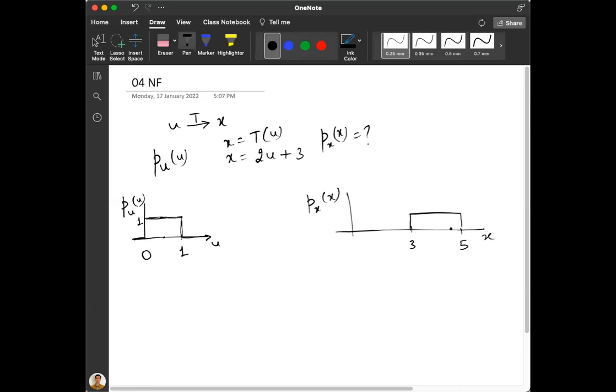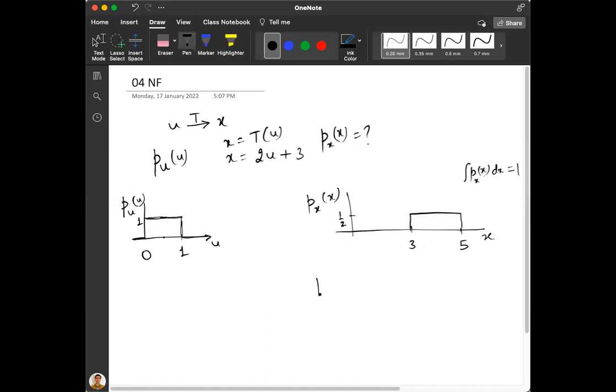What's the value? This would be half. Very good. So the area under this curve should be 1, right? I know the integral of p_x(x) dx is equal to 1. You can also use the transformation of random variables to derive this.